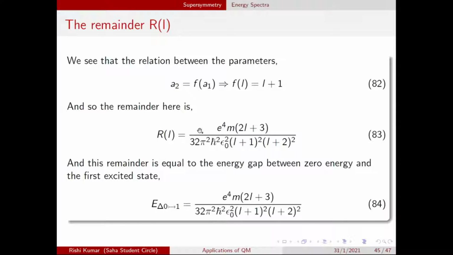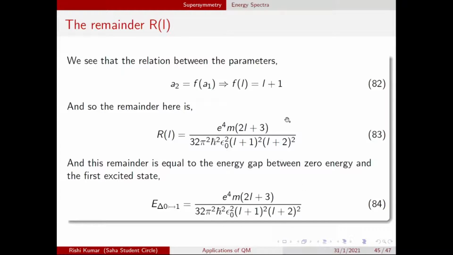I'm not going to try to read that. This remainder right here is equal to the energy gap between our zero energy level and our first excited state. Sorry, it's not the ground state, it's our zero energy level and our first excited state. So E delta, the difference between our zero energy and our first excited state, is essentially this thing right here.